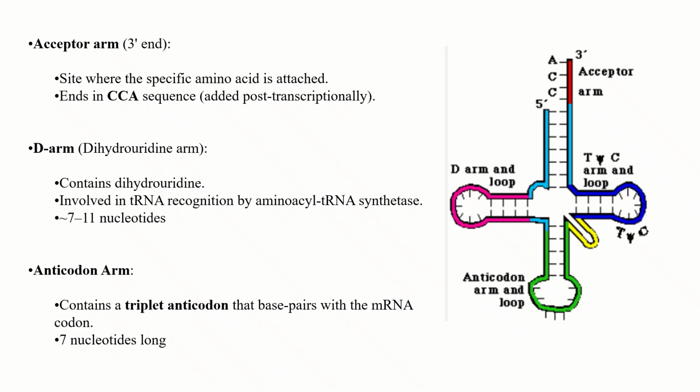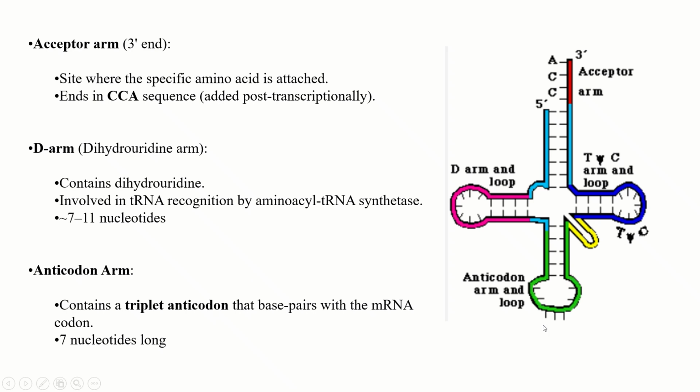The aminoacyl tRNA synthetase is an enzyme that plays a key role in binding the amino acid. It activates the amino acid, which helps the amino acid bind to the acceptor arm.